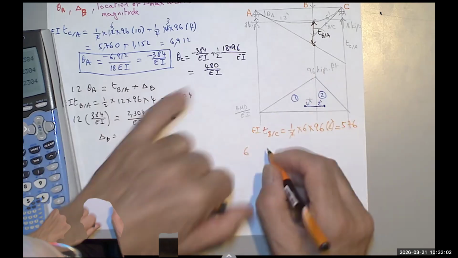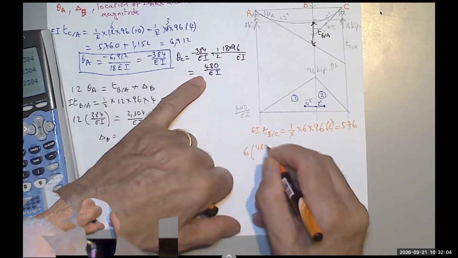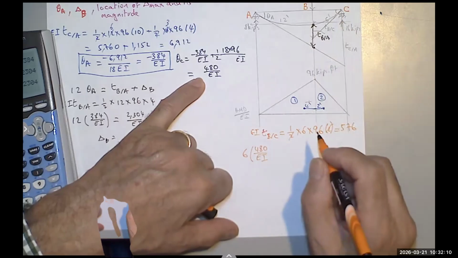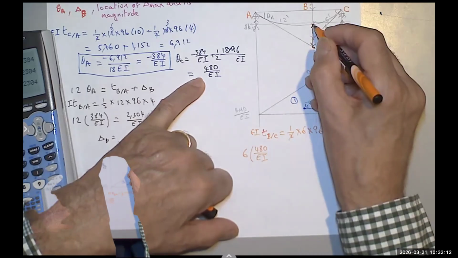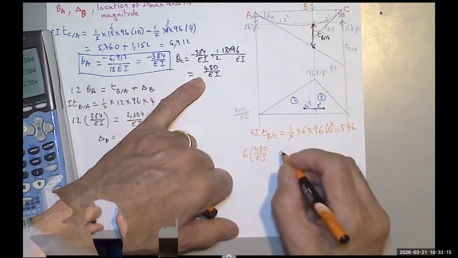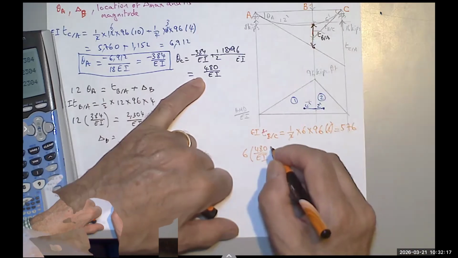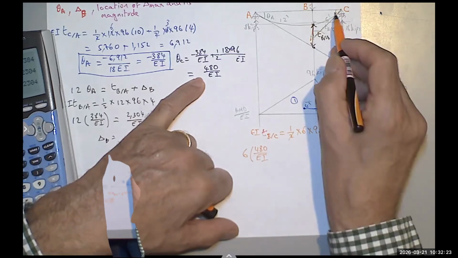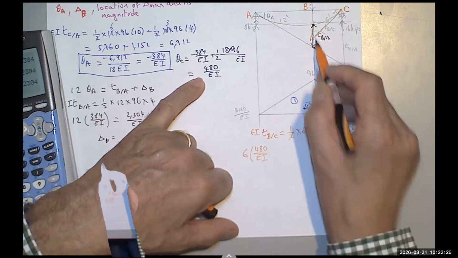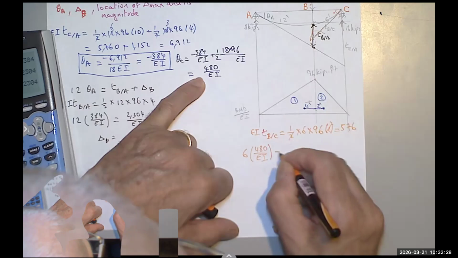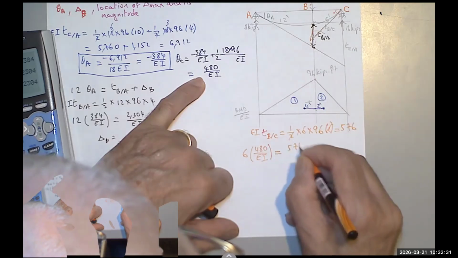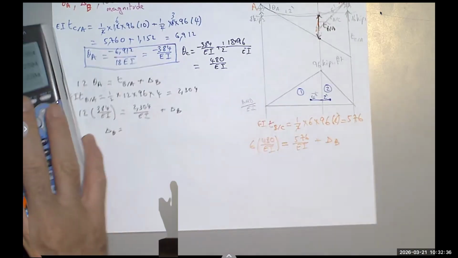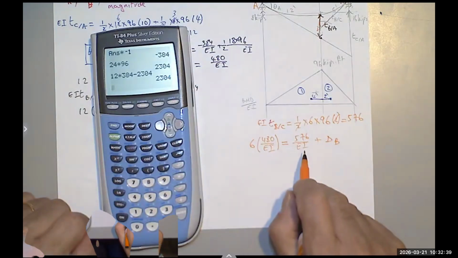So I can say 6 times 480 over EI, meaning 6 theta C. This will give me the whole height because I multiply theta sub C by 6. So it gives me that height equals 576 over EI plus delta B. So that cannot be, could it?